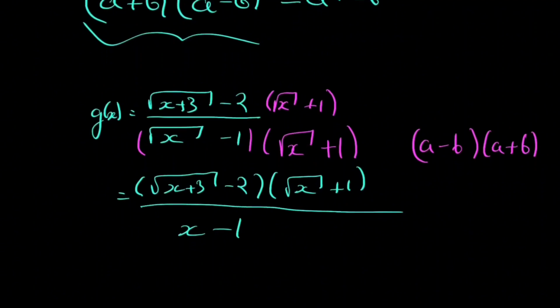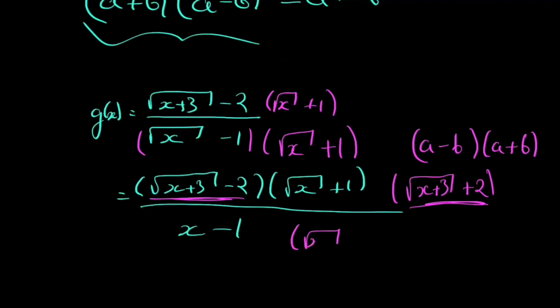Now let's do the same thing with the top, multiplying by square root of x plus 3 plus 2. So here we have our a minus b times a plus b. And at the bottom as well, square root of x plus 3 plus 2.